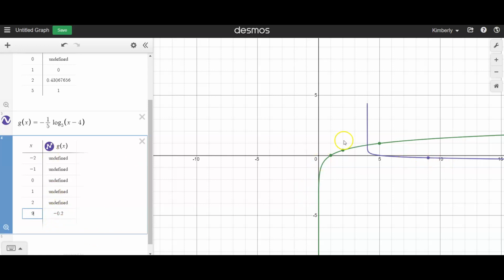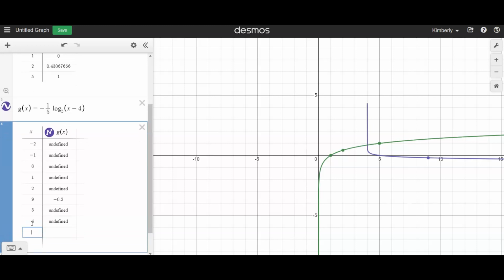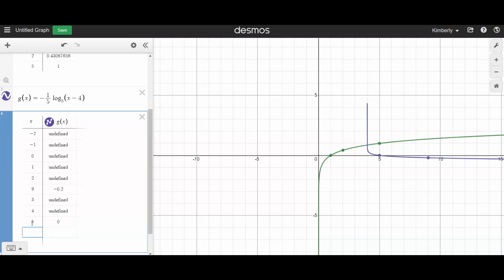Okay, so all these are undefined because it doesn't go past. Remember, when we shift to the right 4, that changes your vertical asymptote. So if we go to 3, 4, 5, so 5, 0. So we're looking at 5, 0 as being a point, so it's between 5 and 4 that it keeps getting closer and closer. So it's actually 4, because remember that vertical asymptote also shifts left and right as you shift.